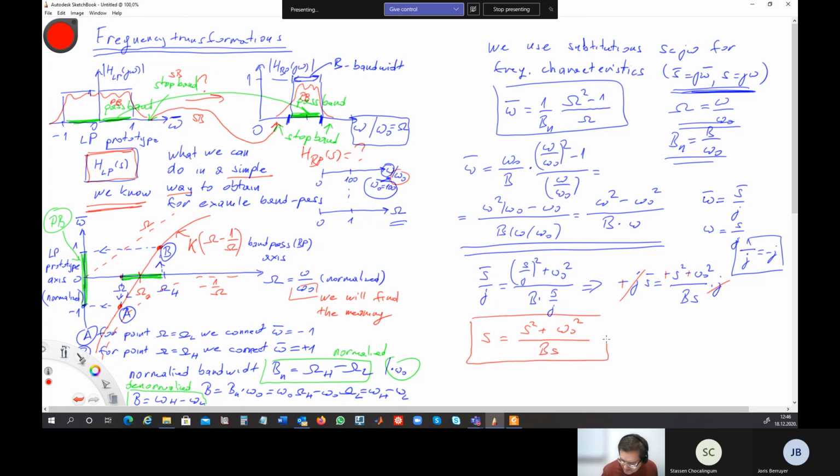Now you see, and this is called low pass to band pass transformation.